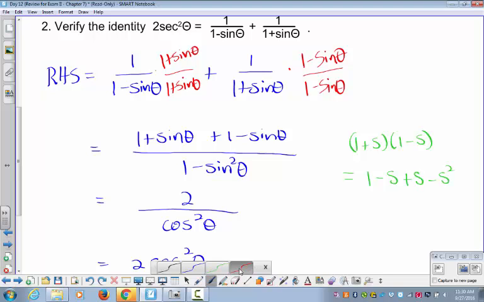So the inner and the outer combine to 0. And so that leaves us with just 1 minus sine squared. That makes sense to everybody? So that's that difference of squares stuff from algebra. Any other questions on any step?